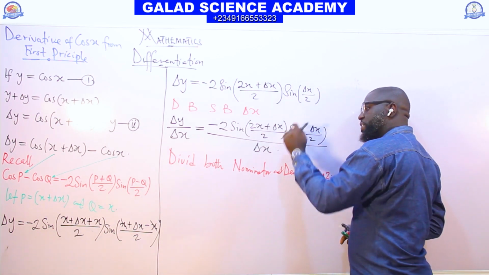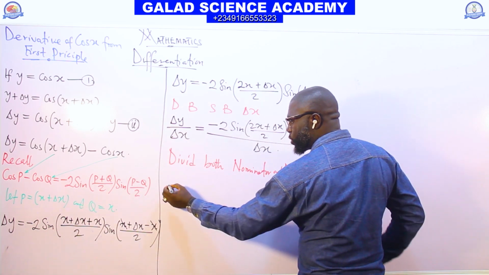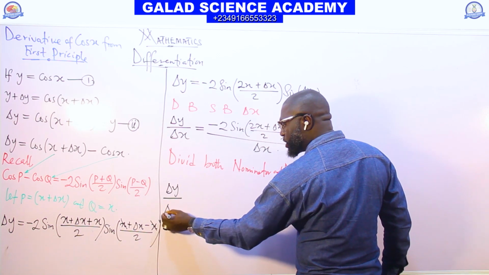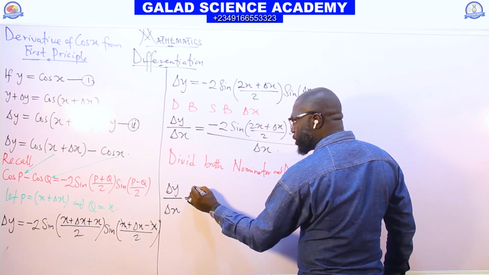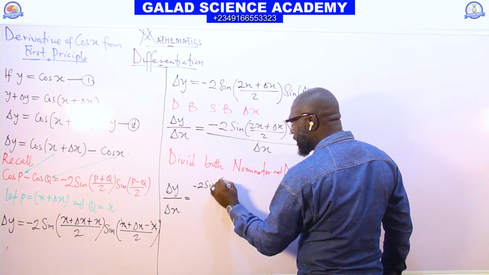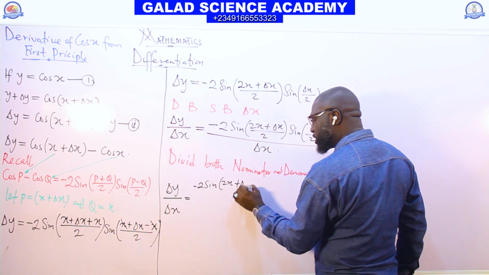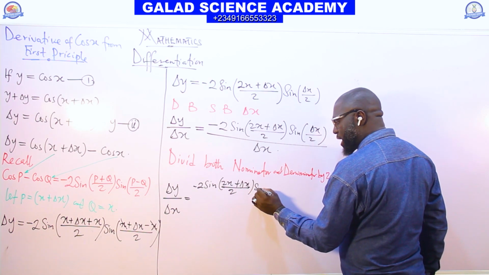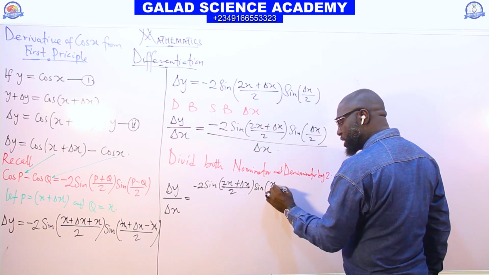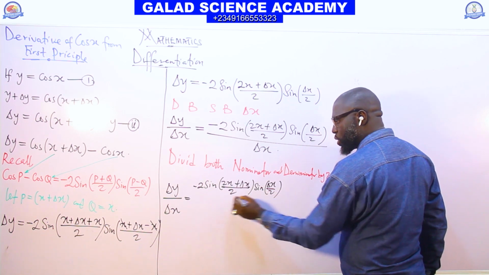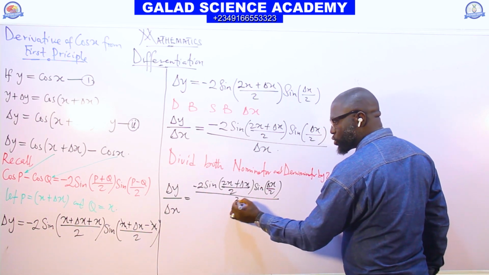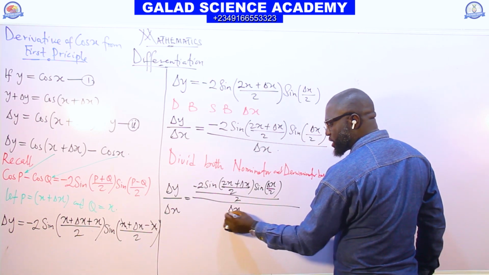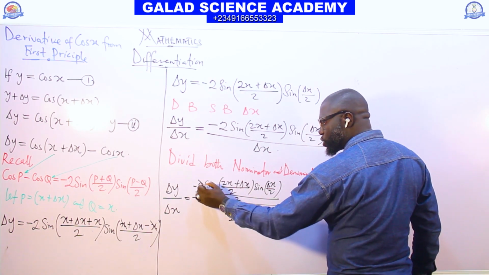Everything up is divided by 2, and what we have down is divided by 2. We have change in y over change in x equal to minus sine of (2x plus change in x) over 2, then sine of change in x over 2, divided by change in x over 2.